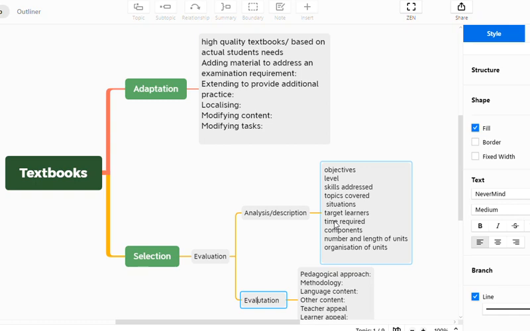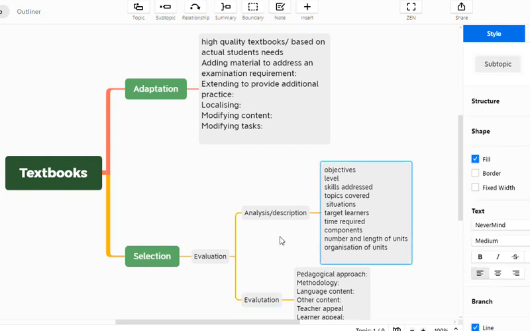So it doesn't refer to the extent or the quality of the sections or the skills included, the practices included in the textbook. For example, you only here describe the textbook in terms of number of units.